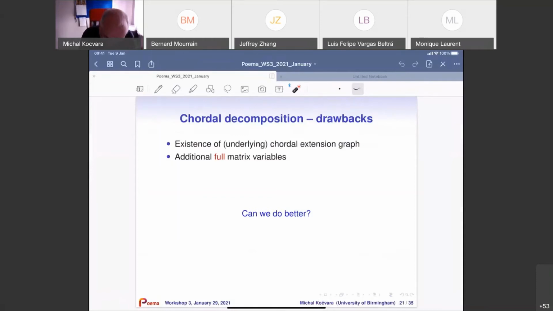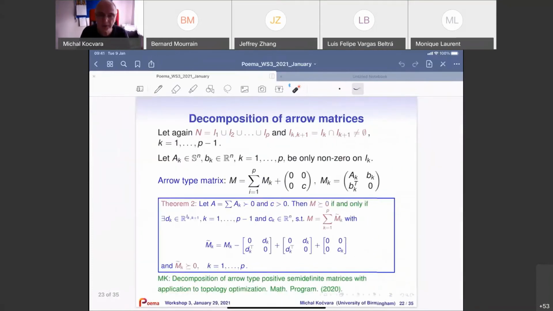We can improve both of these drawbacks by introducing additional structure into our sparse matrix. And by that, we can get rid of the Gödel assumption, and we can improve the complexity of those dense submatrices.